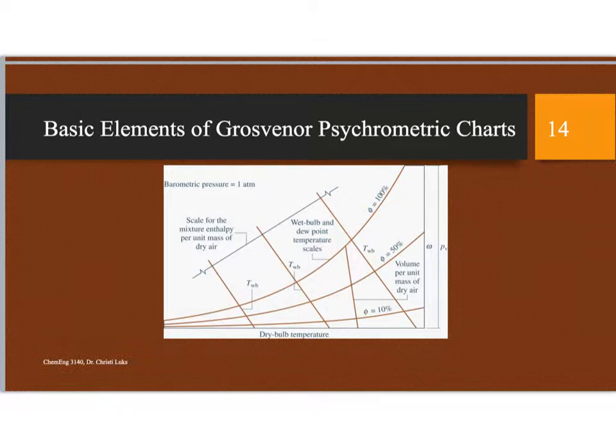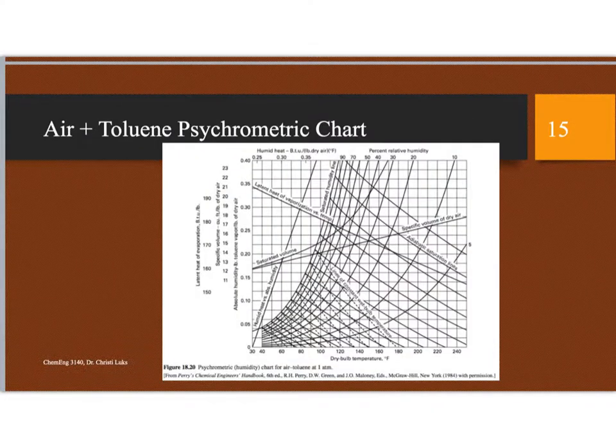And it has enthalpy and volume information. Most of the time we only see ones for air and water, but just so that you are aware that these things do exist, here's one, for example, for air and toluene taken out of Perry's Handbook. And the same information is contained here, just for a different system.